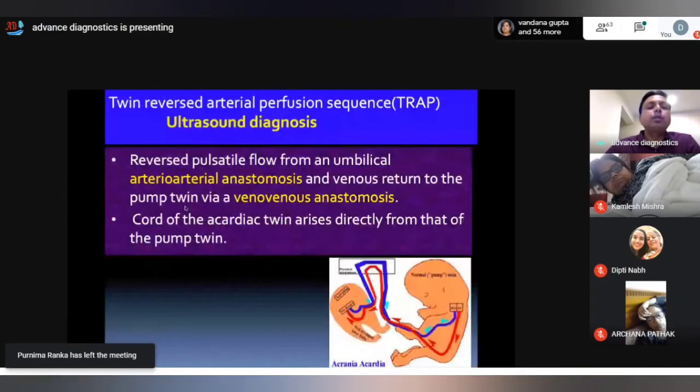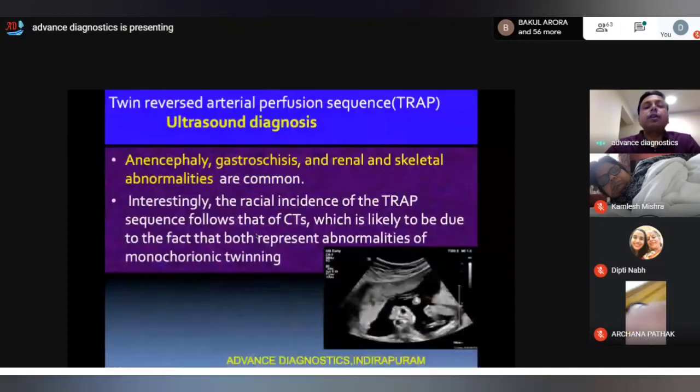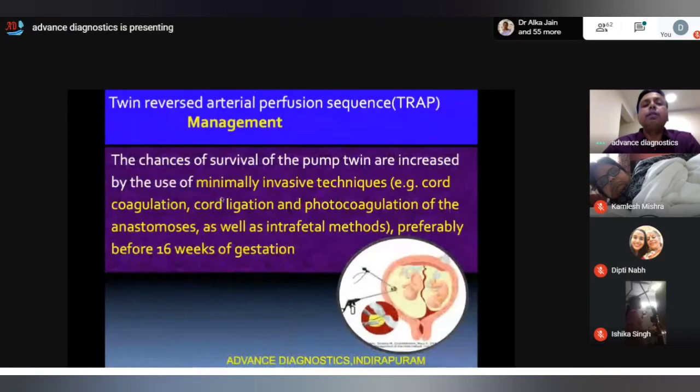But the most important is the Doppler, when we see reverse pulsatile flow from an umbilical arterial anastomosis and venous return to the pump twin via the venous anastomosis. Part of the acardiac twin arises directly from that of the pump twin. There are chances of other defects like anencephaly, gastroschisis, and renal and skeletal abnormalities with these complications, and they are managed by minimally invasive techniques.